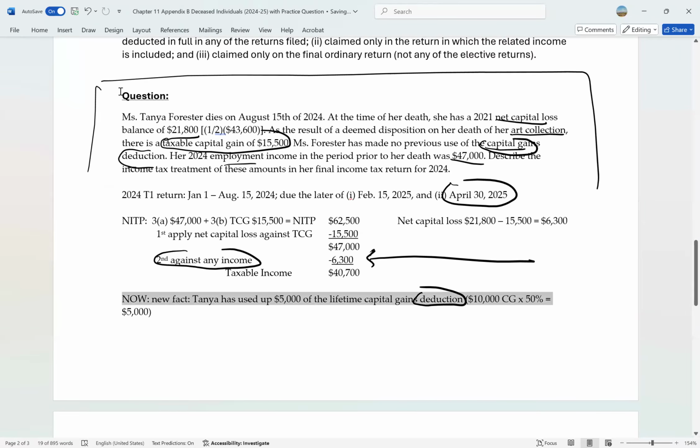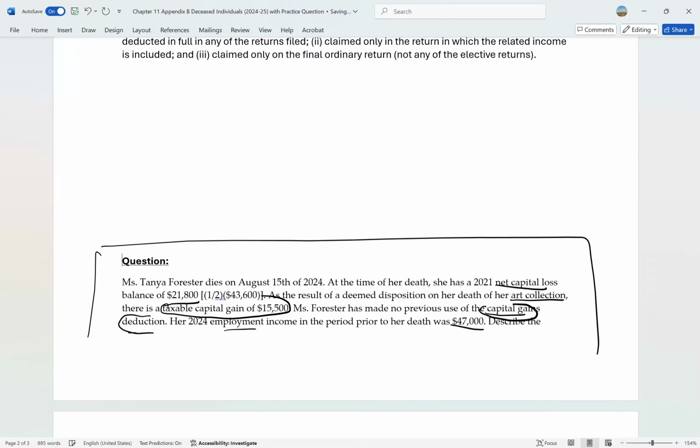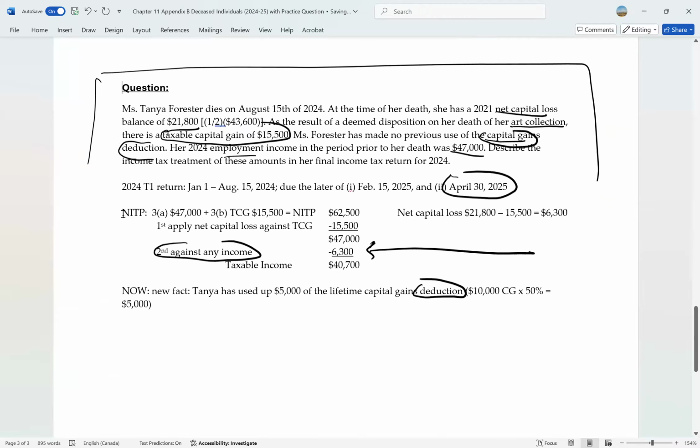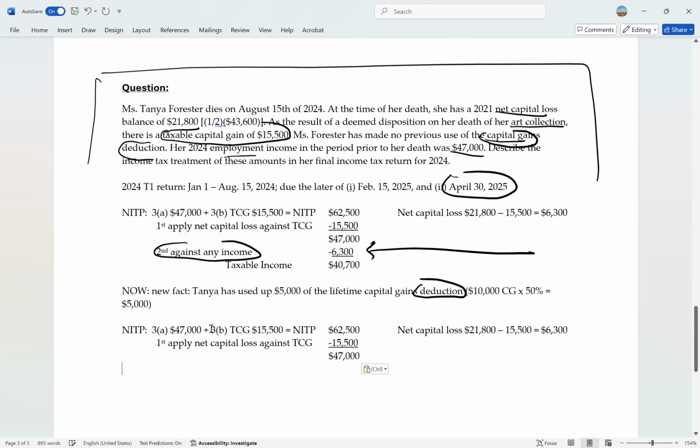I'm just going to move this to a new page so we can see it all. So this first part will be the same. I'm just going to copy and paste this here. We're still going to calculate the net income, and we will still apply the net capital loss against the taxable capital gain. That is fine.